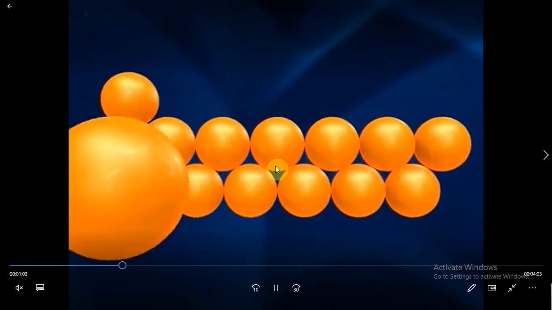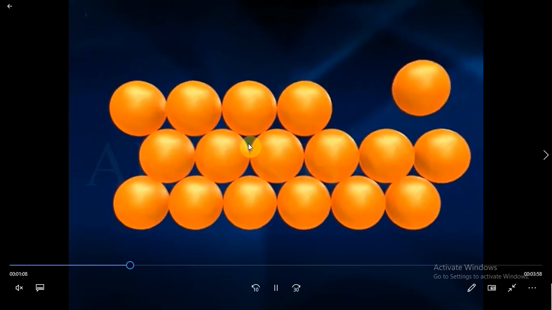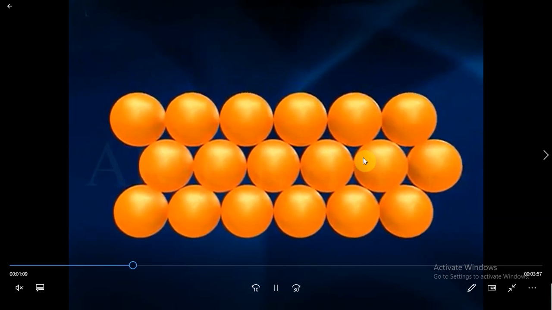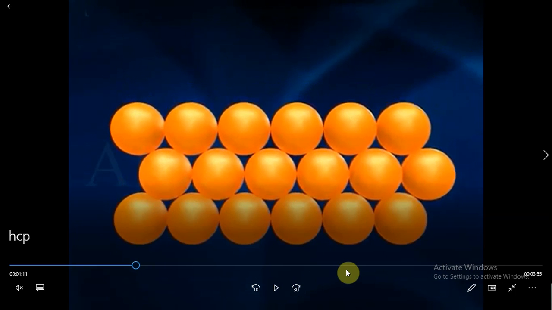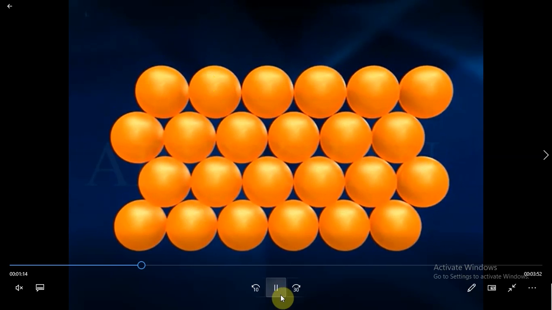In the same way, the third layer of atoms will come and it will again fall in the vicinity of the second layer of atoms. Now if you see clearly, the third layer and the first layer are actually aligning. You see this, if I draw a line, it will be in one line, isn't it? If I draw this line here, now you see again, and this is the fourth layer of atoms.